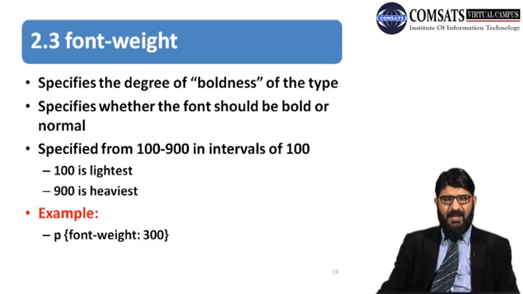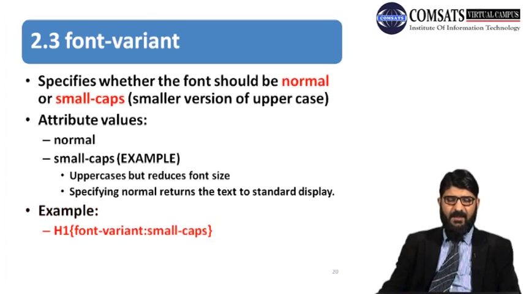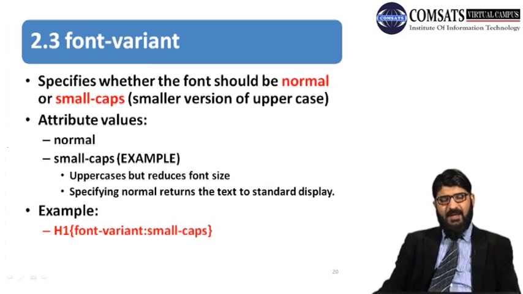So let's see with an example how to utilize font weight. Then we have mentioned the web form element paragraph and then property, and then the value of the property for the font weight is 300 given. Next, font variant. Font variant basically specifies whether the font should be normal or the font should be in small caps. Small caps is basically a version of uppercase. So the attribute for the font variants are normal or small caps.